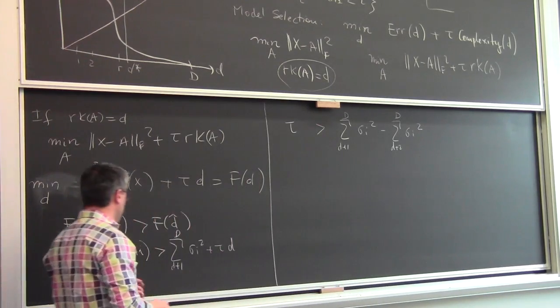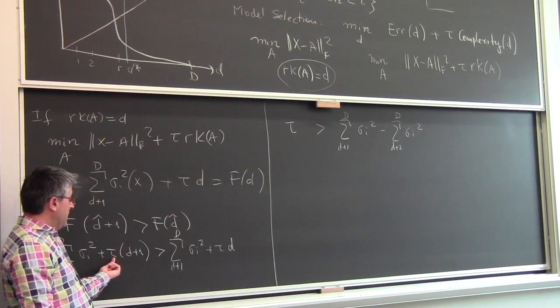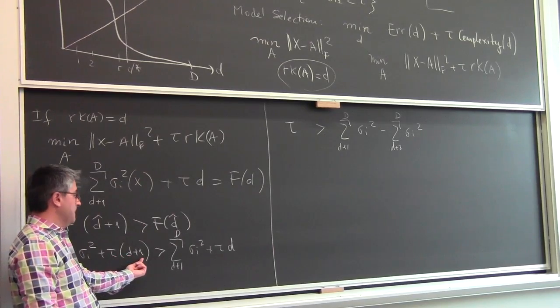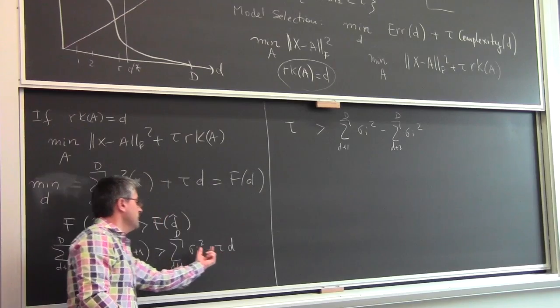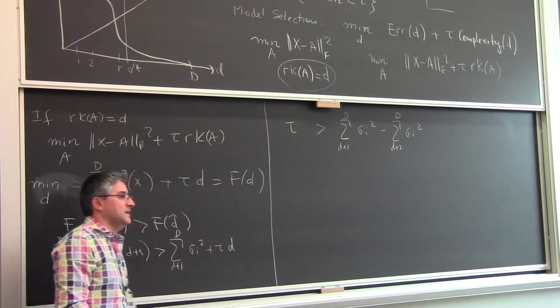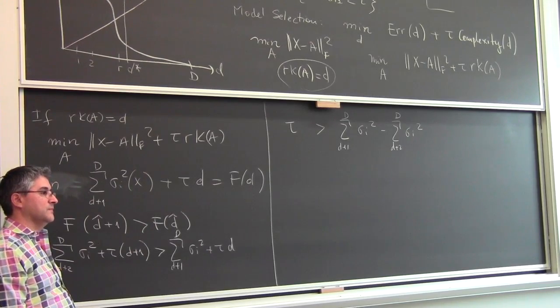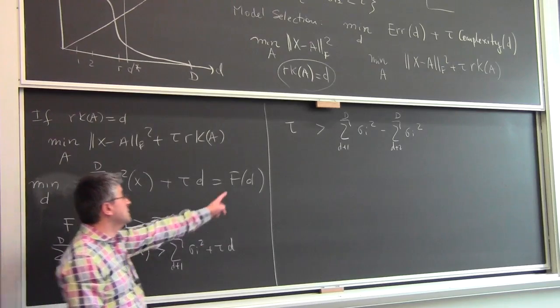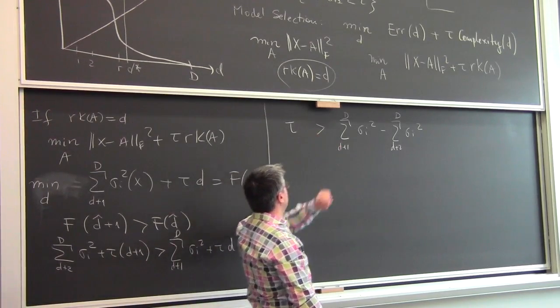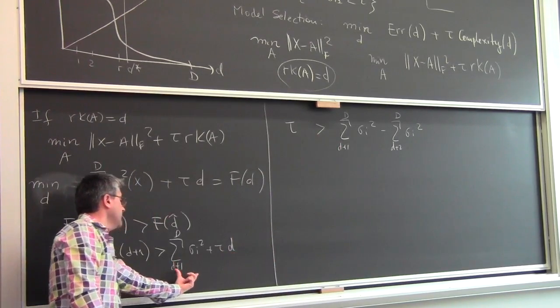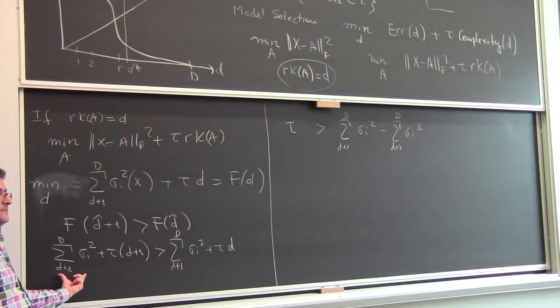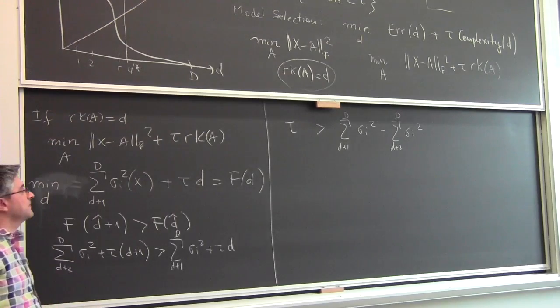Because look at what happens here. You have tau times (d+1) minus, and move this to the left, tau times d. What is the difference between the two? Tau, that's what I put here. And that's bigger than this guy minus that guy. And that's all what I've done.